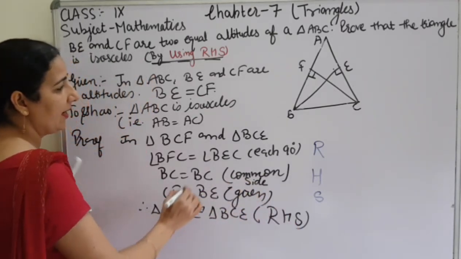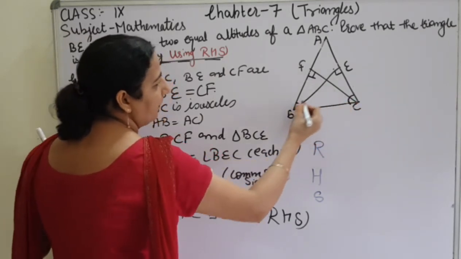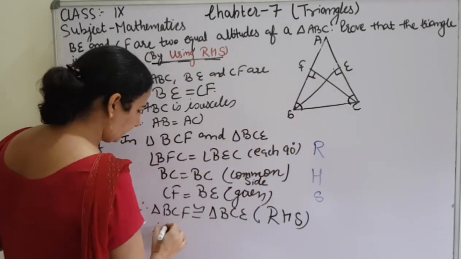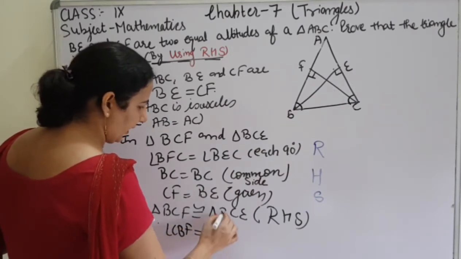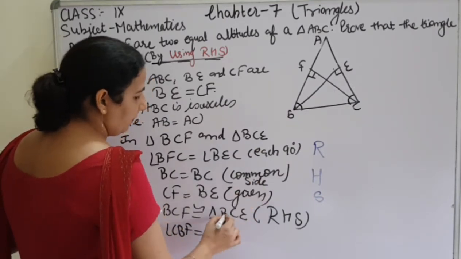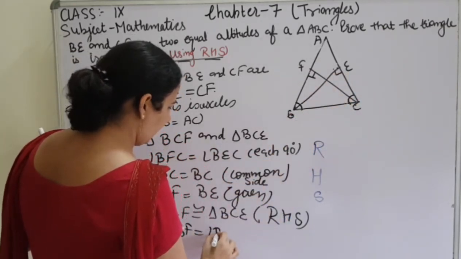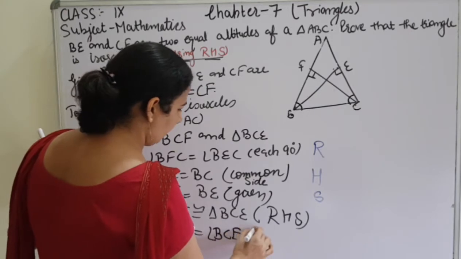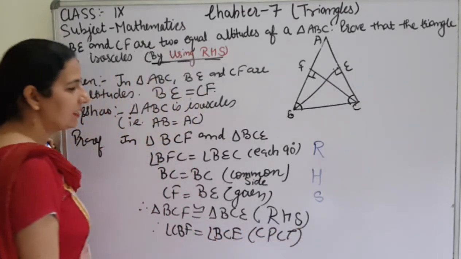Therefore, we can say that angle B is equal to angle C. So angle CBF is equal to angle BCE, and the reason is CPCT.